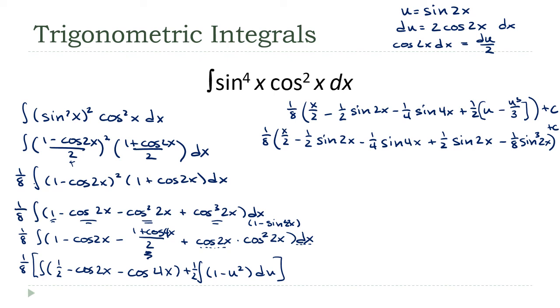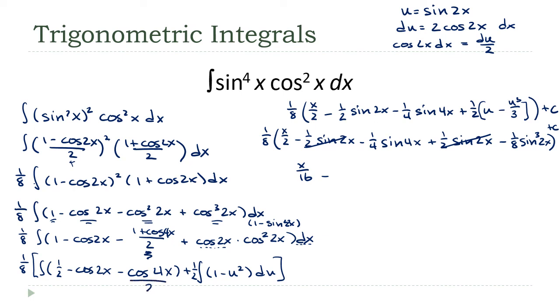Okay, so some nice stuff happened here. These sine 2x's are going to cancel, right? And what's left? Well, we've got x over 16 minus, let's see, and I just noted I lost a 2.